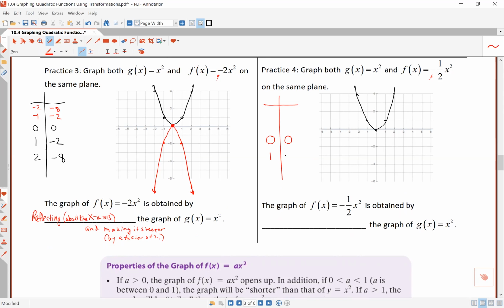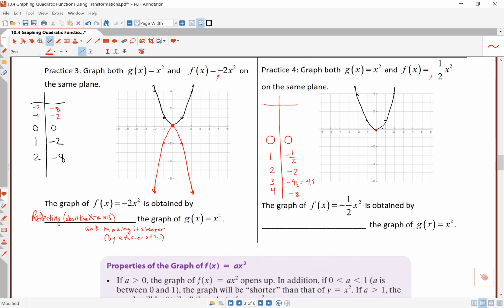If x is equal to 1, 1 squared is 1 times negative 1/2. 2 squared is 4 times negative 1/2 is negative 2. 3 squared is 9 times negative 1/2 is negative 9/2, or negative 4 1/2. 4 squared is 16 times negative 1/2 is negative 8.